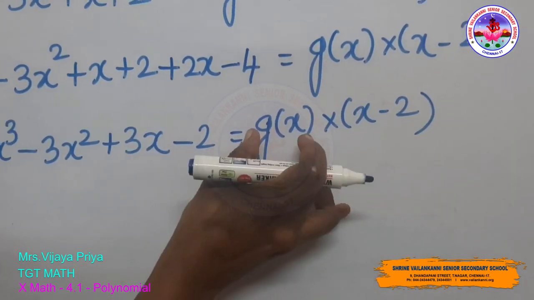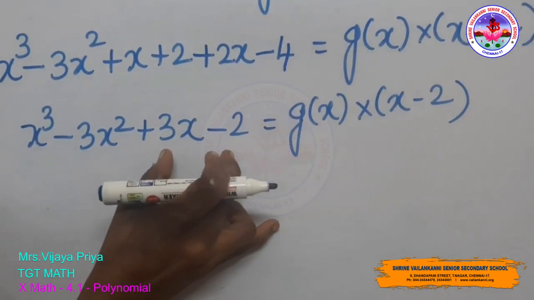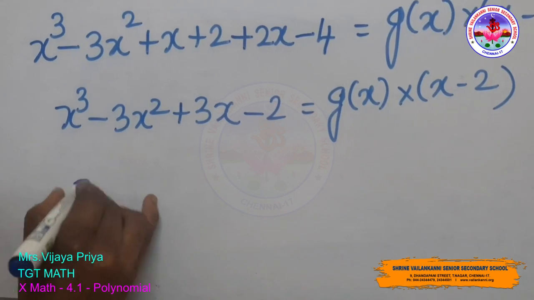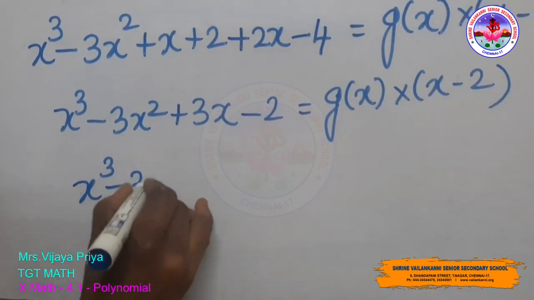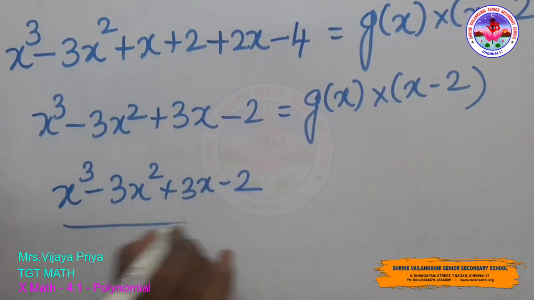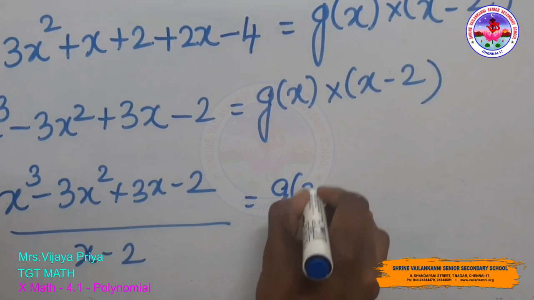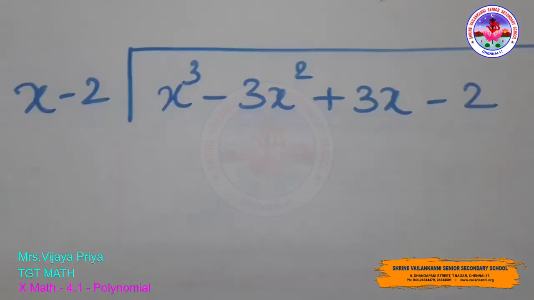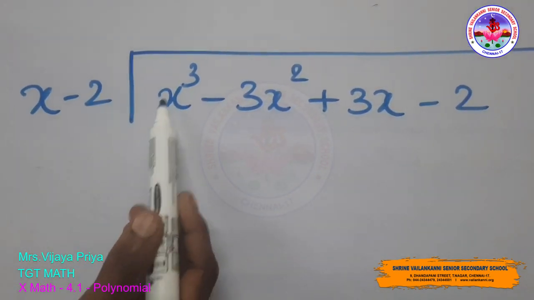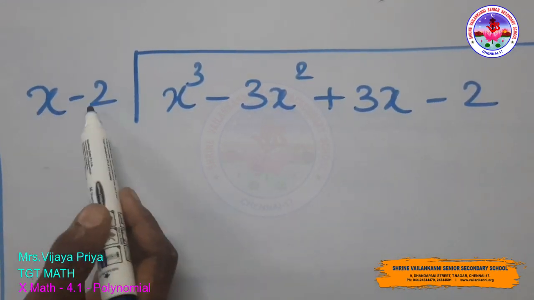So I want to find my g of x, where this x minus 2 comes to that side under division. So I will have x cube minus 3x squared plus 3x minus 2 divided by x minus 2 is equal to g of x. So to get g of x, I am dividing x cube minus 3x squared plus 3x minus 2 by x minus 2.